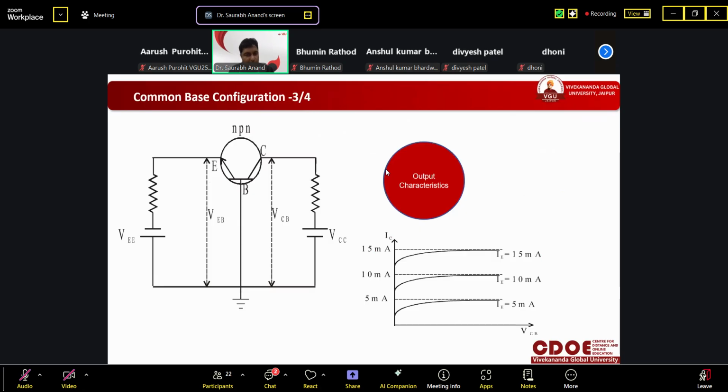This is the output characteristics. Now tell me, between which quantities do we draw the output characteristics, and what will be constant? Tell me. I told you that I will ask.